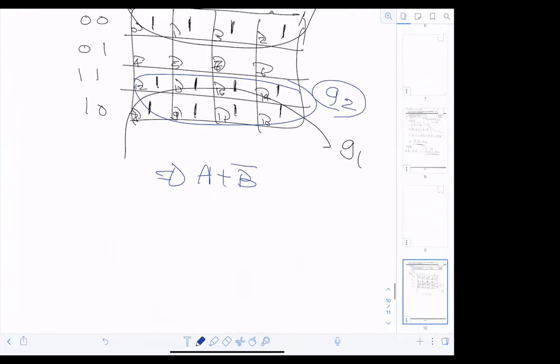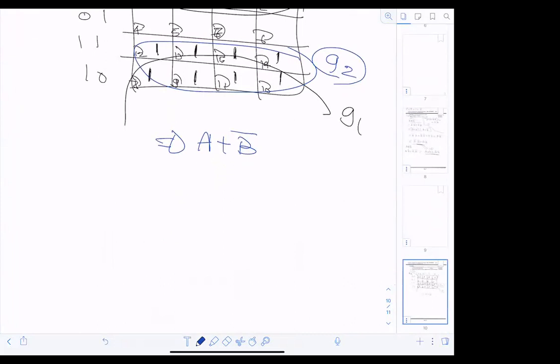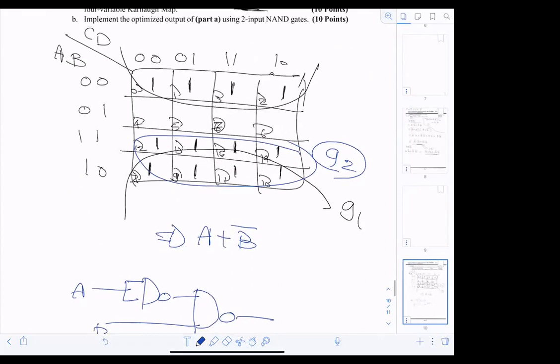So building this circuit is not really hard using NAND gates. You guys agree? Pretty much it's going to be like this. Am I right? Is it correct?